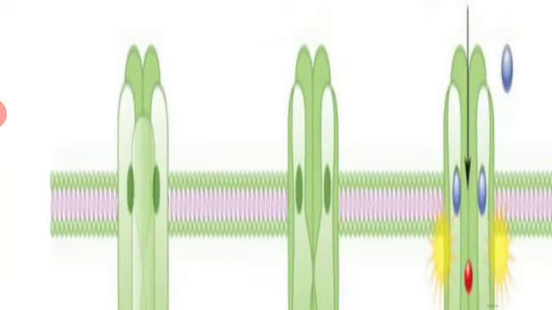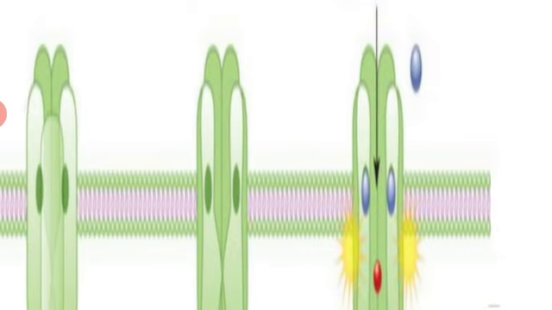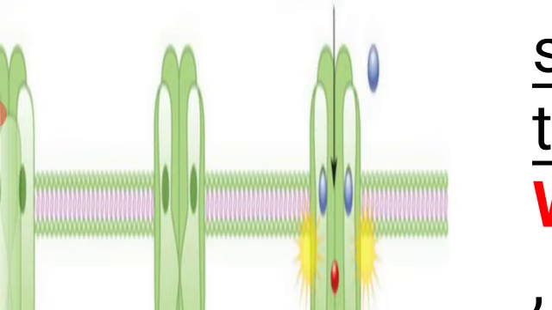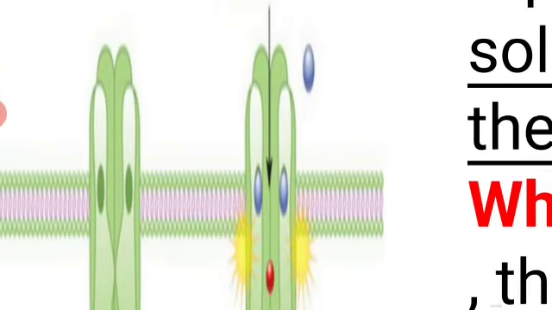These circular green things in the cell membrane, close to the phospholipids. When you do not have acetylcholine, which is the signaling molecule, the pore here is closed. But once acetylcholine, which is blue, comes and attaches to the receptor that was green, look at the green here in the middle one. But now in the position of green, you are having the blue acetylcholine.